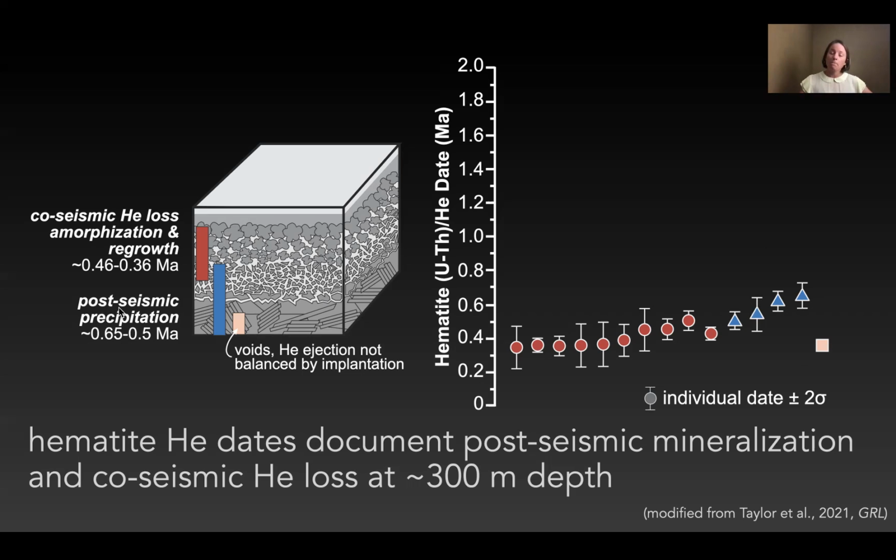These data record post-seismic hematite precipitation, approximately 600,000 to 500,000 years ago, followed by co-seismic slip that induced helium loss associated with amorphization approximately 400,000 years ago.